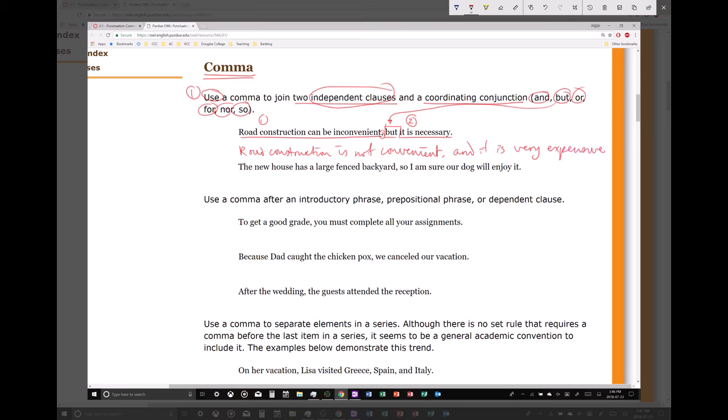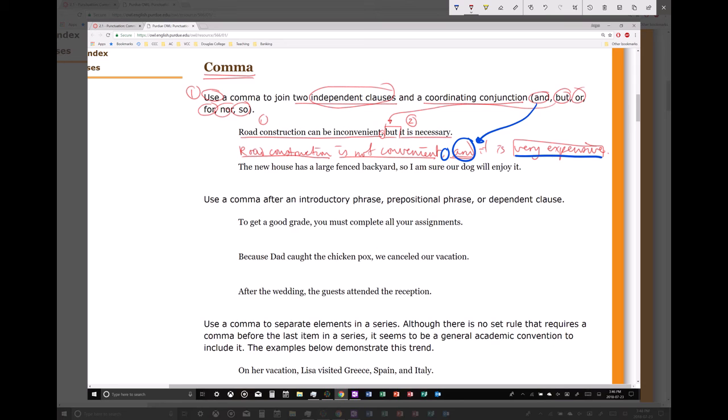So I tried my own sentence. I kept the same topic, road construction, and I used is not convenient. I tried to paraphrase a little bit, but I changed it. I used and instead. It is very expensive. So I tried using a comma and a coordinating conjunction. This time I used and, because this is a different coordinating conjunction, I need to change the meaning of the sentence a little bit.